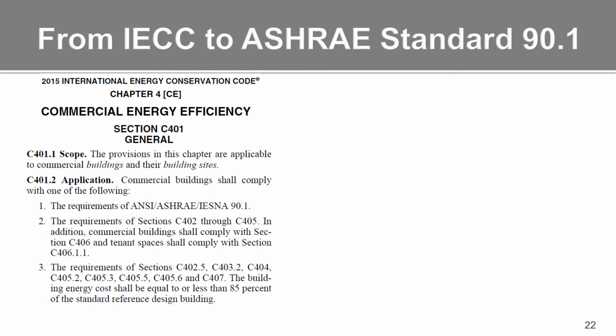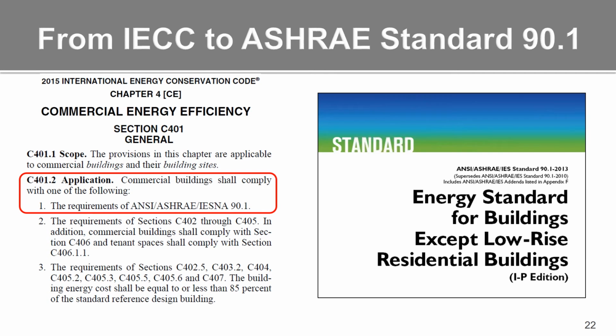It first points you to ASHRAE 90.1, and it is basically telling you to move outside of the IECC, which is odd since you would think you would want to encourage the provisions within the IECC. But to simplify it, it provides you the way to use 90.1, and it does reference a particular year based on the version of the IECC. So this would refer to the 2013 90.1. So use 90.1 or the various provisions within the Energy Code. And so this would point you to the 13 edition.